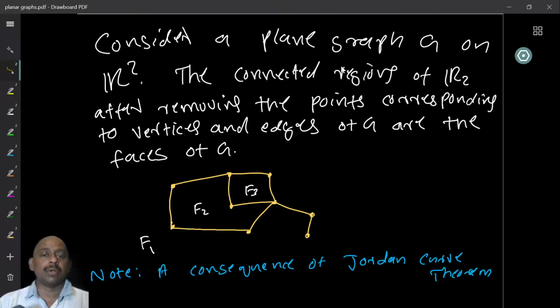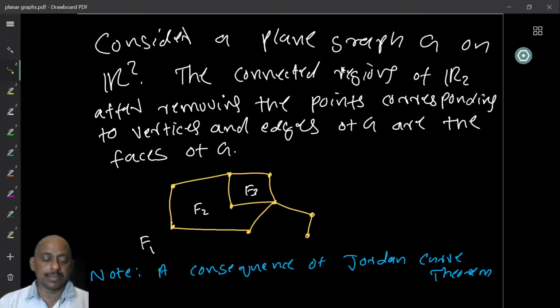If you remove all these points, then the region gets split into several connected components. These connected parts of the remaining region are called the faces of the graph.